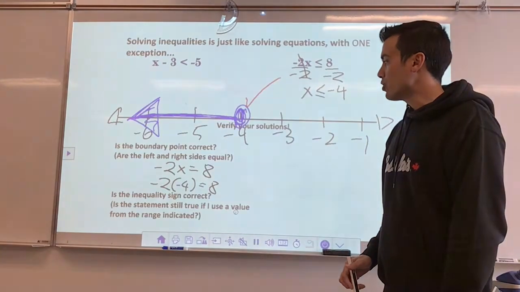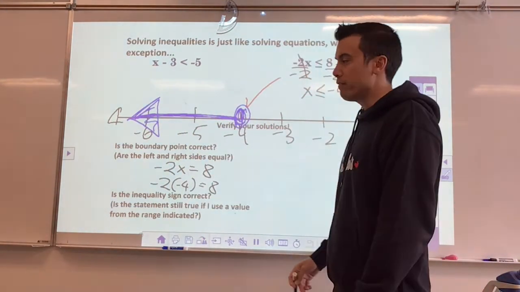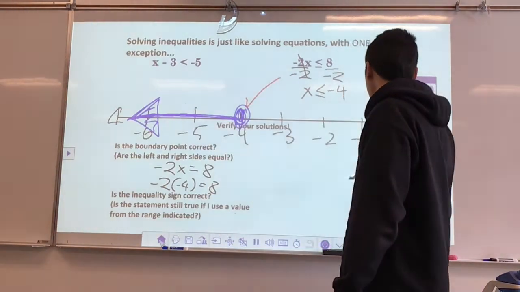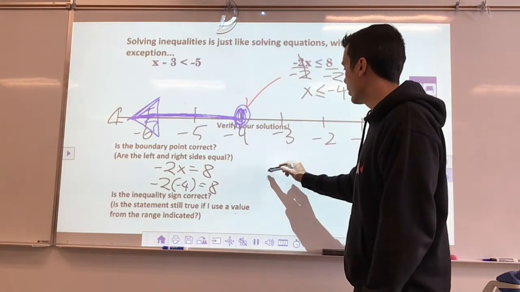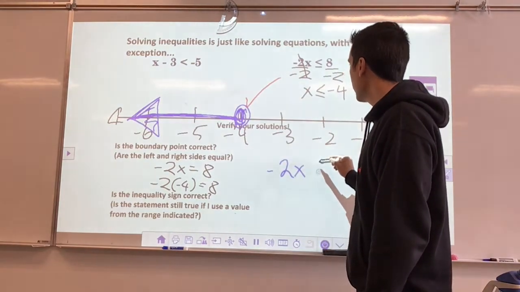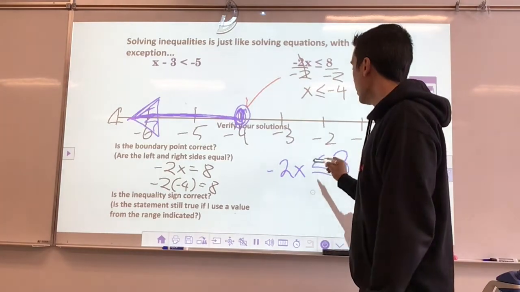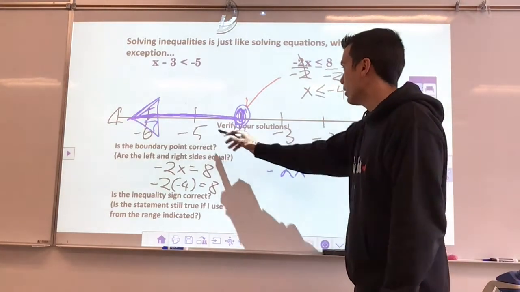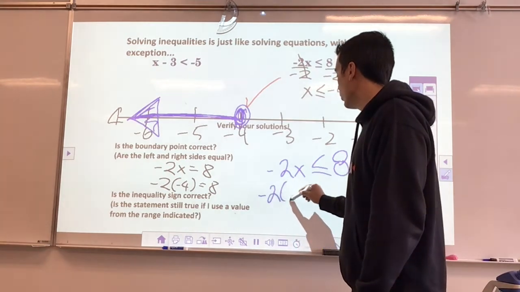Let's check the range of values, all of these values over here. I'm going to pick -5, which exists on this blue line. As I go to do this check, -2x less than or equal to 8. I'm going to put in this value of -5 that I've chosen. -2 times -5.